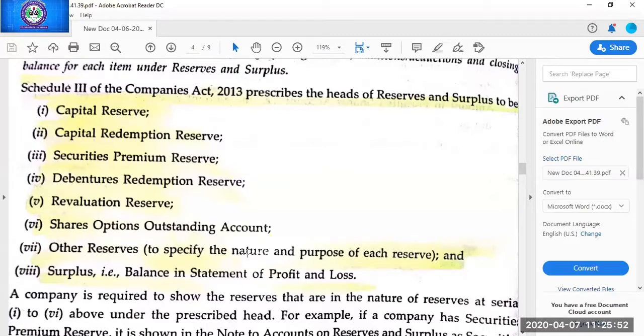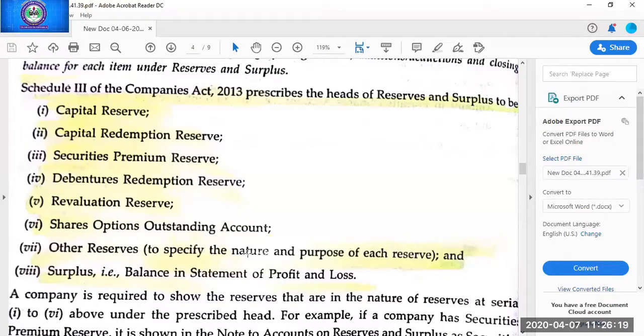Here is an easy way to learn the names: anything ending with 'reserve' will be part of reserve and surplus. Any item like taxation reserve, subsidy reserve, workmen compensation reserve, general reserve, anything ending with reserve will be part of reserve and surplus.